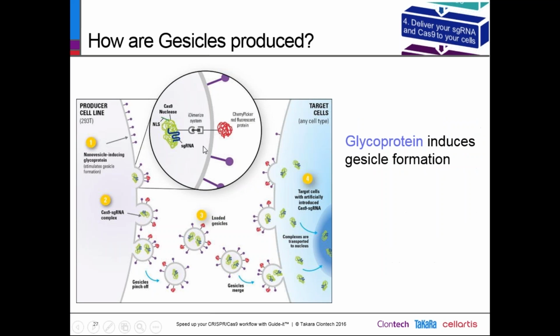So following transfection of the producer cells, the glycoprotein overexpression will induce the Gesicle budding from the producer cells.